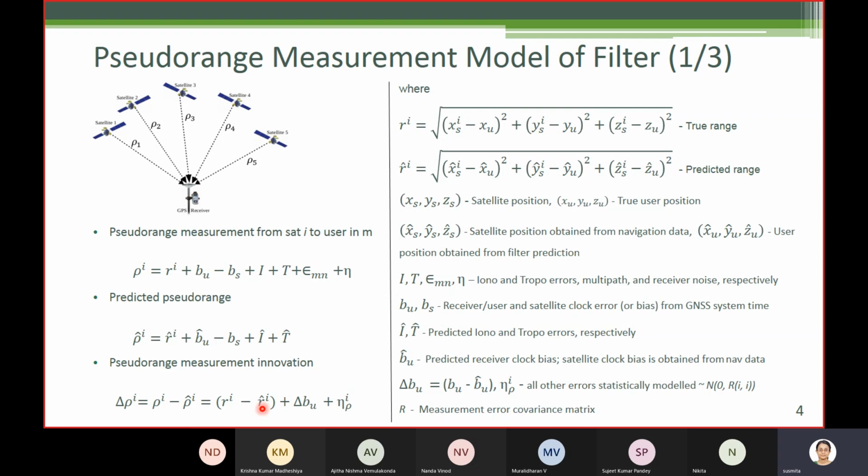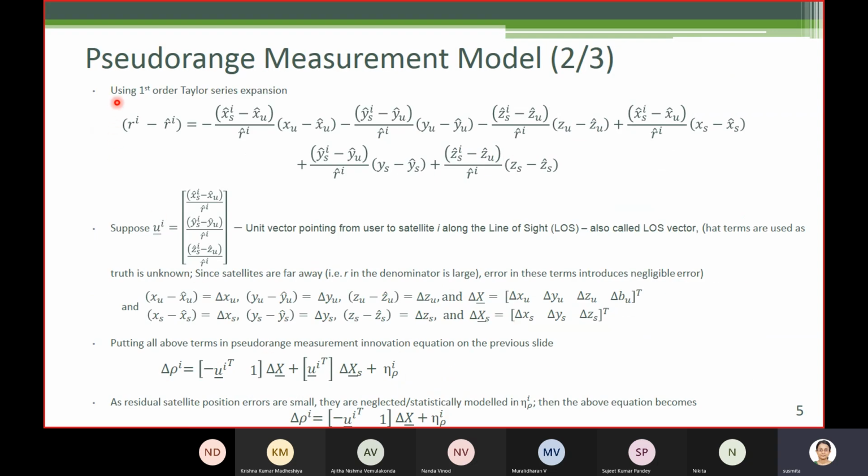If you do the first order Taylor series expansion, R minus R hat will be this. You just need to follow the procedure for Taylor series expansion and then collect the terms. So this is XU minus XU hat, and there will be a corresponding term for this.